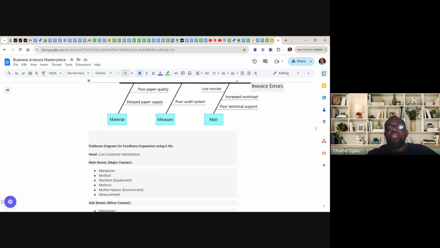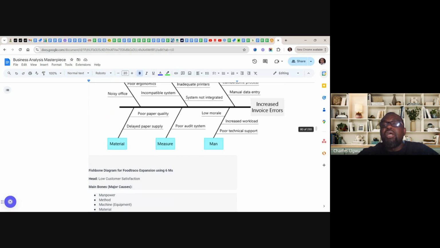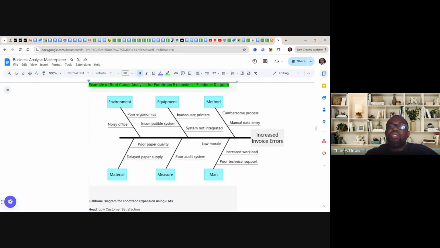So this is how a fishbone diagram can be captured under various factors or under the major categories. You see here, in this example, there is an increase in invoice errors, meaning that in every invoice, we are detecting errors.